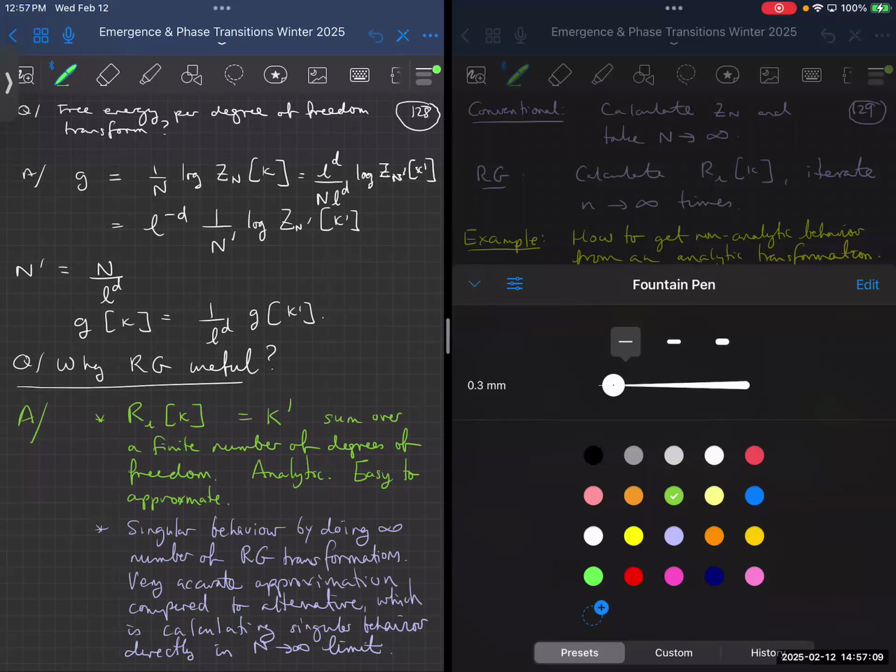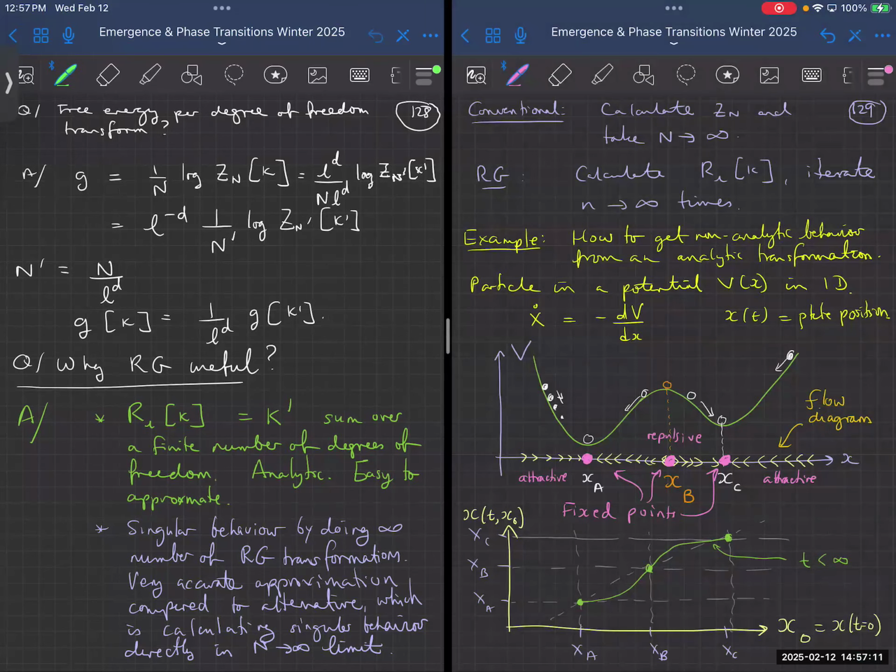On the other hand, if I were to take the time to infinity, then what's going to happen is this curve is going to get flatter and flatter. So eventually, it's going to be like this. Anywhere I start in here in the interval x between xa and xb, at long times I will end up at xa. So it's going to go like that.